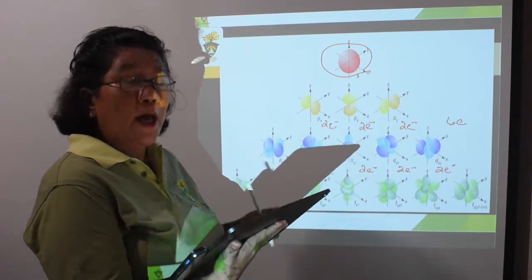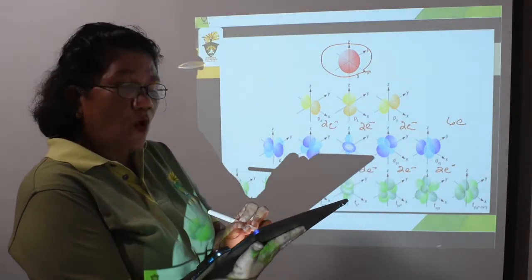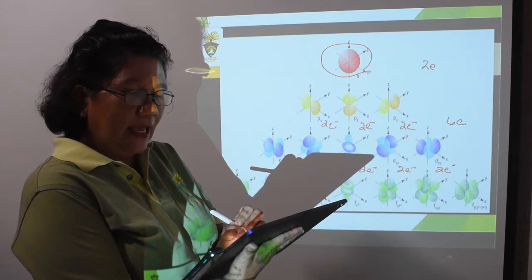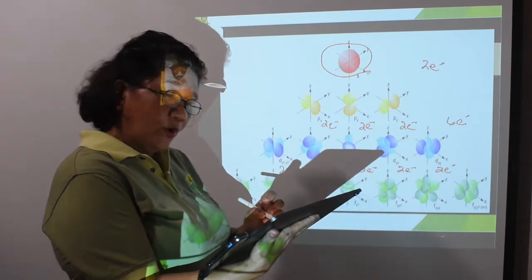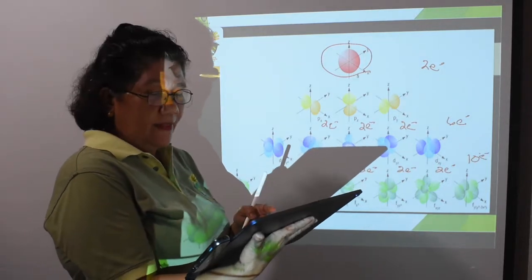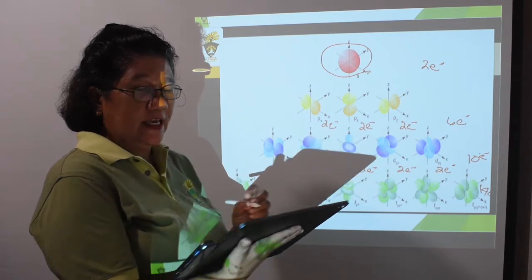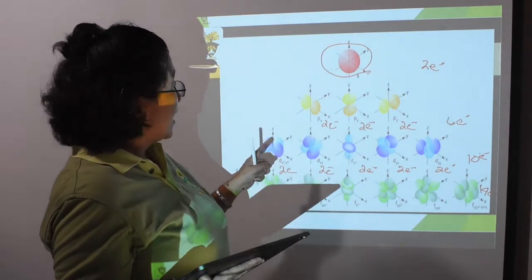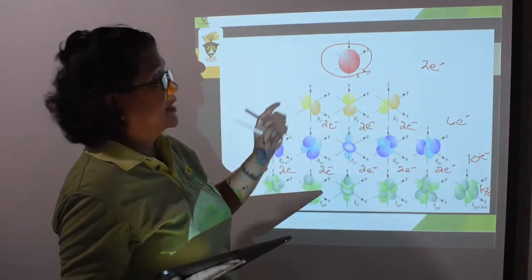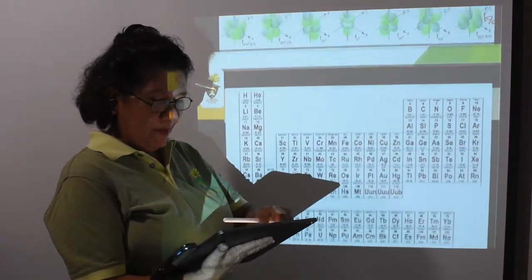So for the P, it has 6 electrons. For the S, there are 2 electrons. For the D, there are 10 electrons. And for the F, there will be 14 electrons. So that is how it is located in space, the representation in space.